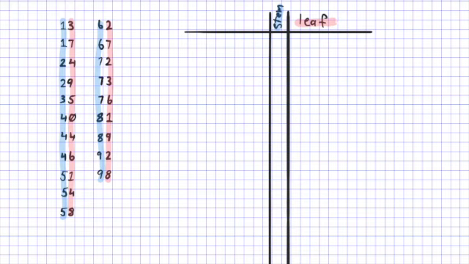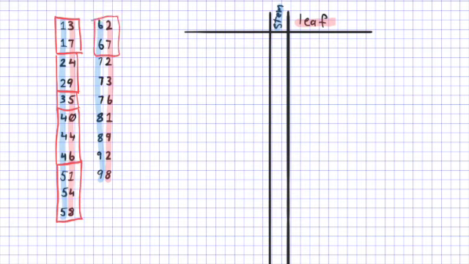Okay? Now, when we start to group these based on the number values in the stems, we see that these two are going to go together. These two will go together. This one's on its own. We've got that. And you can start to see that these numbers very easily start to group in together.